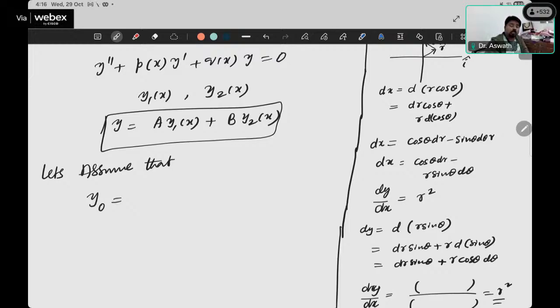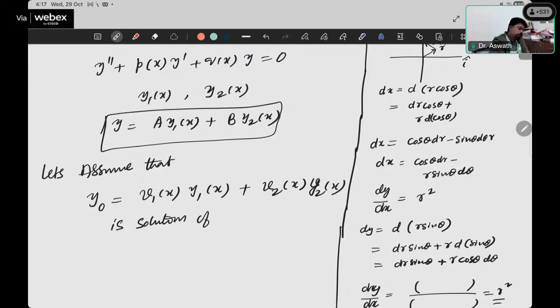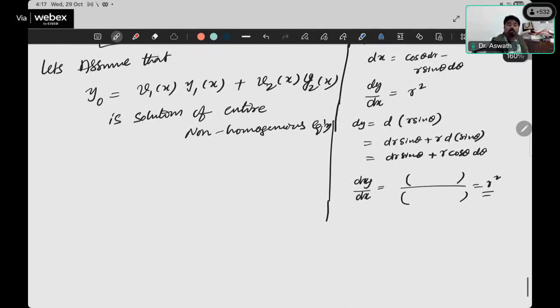Let me take y naught as v1(x) y1(x) plus v2(x) y2(x) as a solution of the entire non-homogeneous equation. Entire inhomogeneous equation I am assuming.